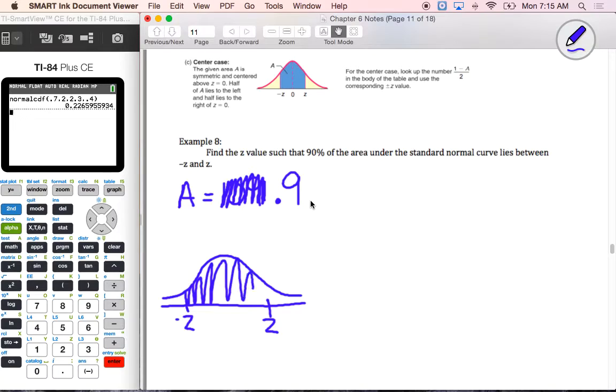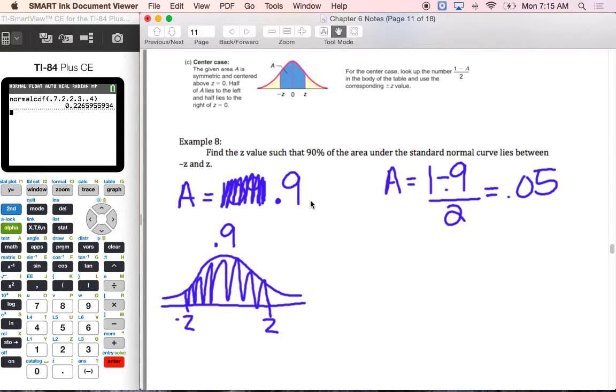I want everything in between these, so it's 0.9. So because we're shading between two values, we take 1 minus our 0.9 over 2, and we then get 0.05. So now what we're doing is looking for 0.05 in the table.